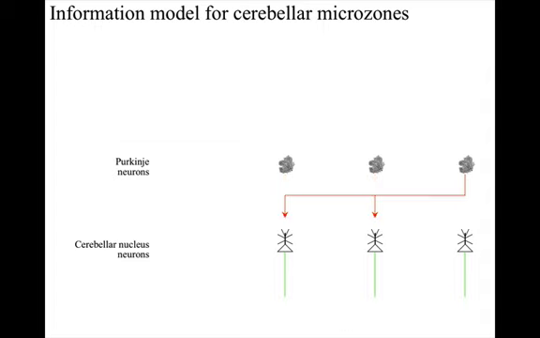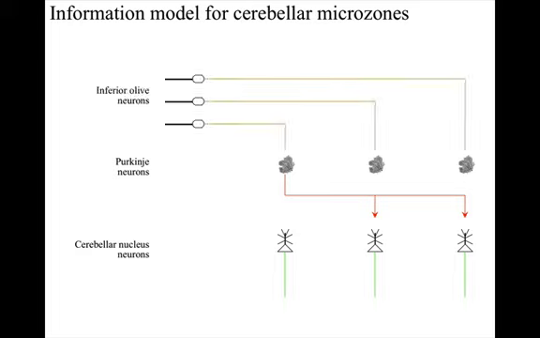Each Purkinje, or perhaps a group of Purkinjes, corresponds with one action in the sequence and inhibits all the cerebellar nuclei neurons except those that execute the corresponding action. So different Purkinjes inhibit all except one excitatory cerebellar nucleus neurons in the zone.